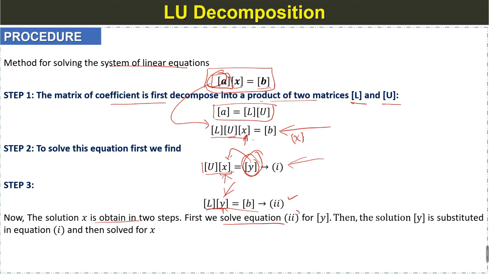First we solve equation 2 for the matrix y, and then the solution y is substituted into equation 1 to solve for x. Okay, so here we apply forward substitution to solve this equation, and then over here we apply backward substitution to solve this equation.